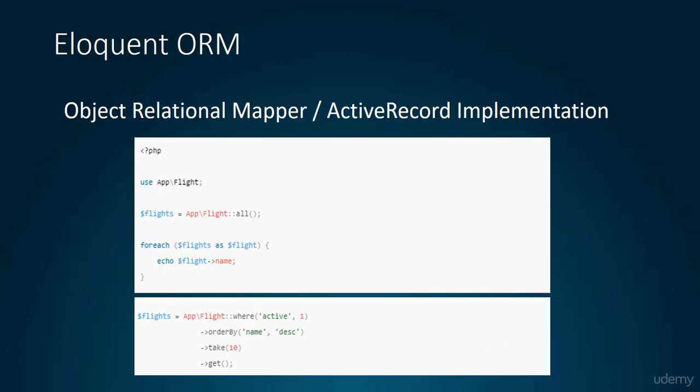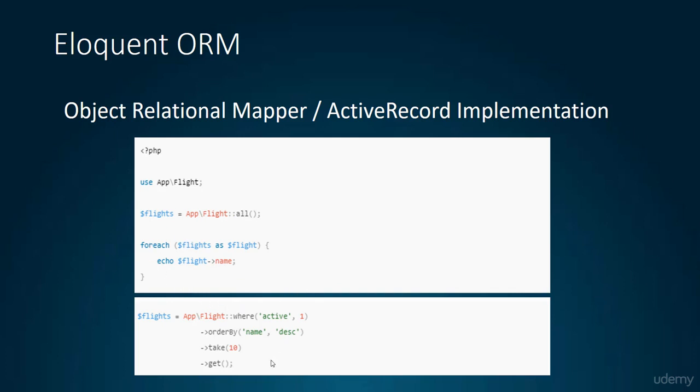All right, so Laravel also uses something called Eloquent, which is an ORM, which stands for Object Relational Mapper, and this uses active record and makes it very, very easy to work with the database. So for instance, if we want to, let's say, get all the flights from the flights table, instead of doing select all from flights and doing our custom SQL, we can simply say flights equals Flight::all, and that'll fetch all the records, and then we can just loop through them with a foreach loop.